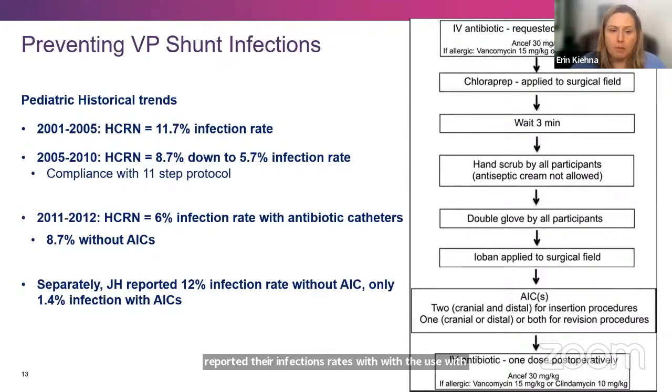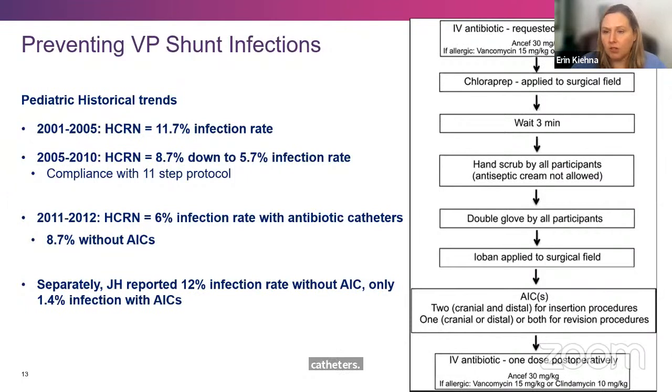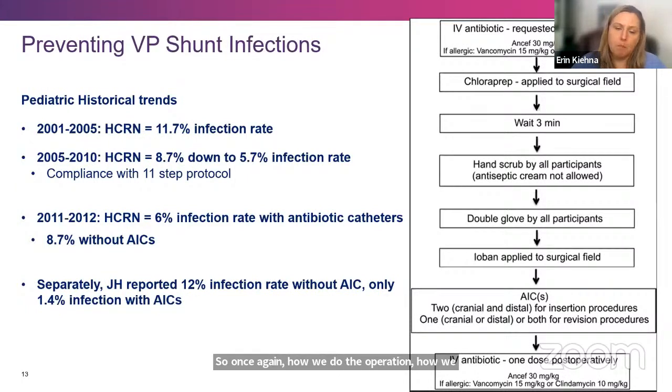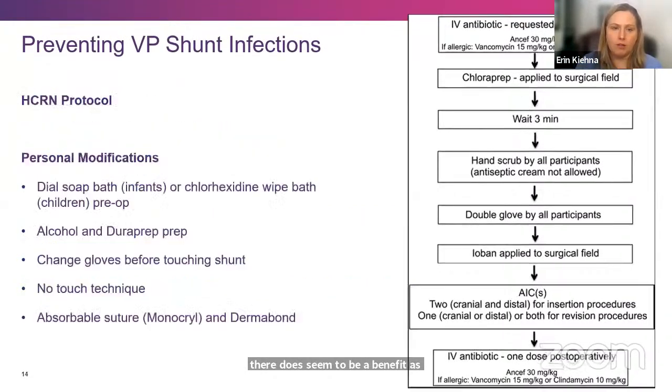They said there's a 12% infection rate without antibiotic-impregnated catheters, but only 1.4% with antibiotic-impregnated catheters. So once again, how we do the operation, how we handle the shunt probably is one of the best indicators, but there does seem to be a significant benefit to antibiotic-impregnated catheters.